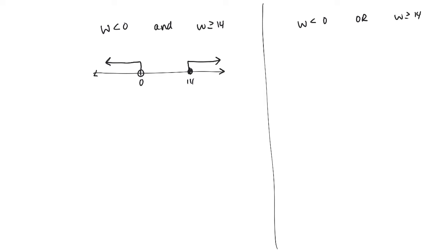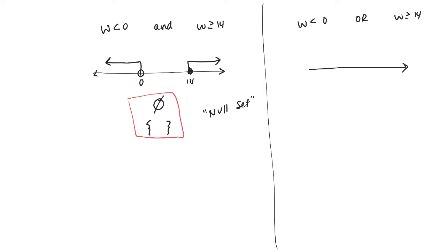Nobody's coming to this party. So you can show that as an empty set, a 0 with a line through it, or you could write it this way as well. It's the set of nothing. Those are answers if you have no solution, the null set of nothing.